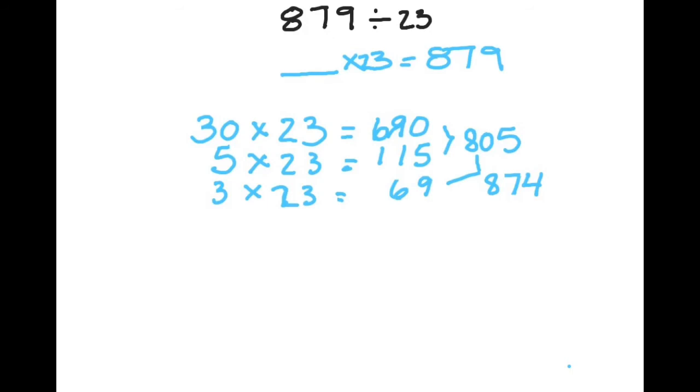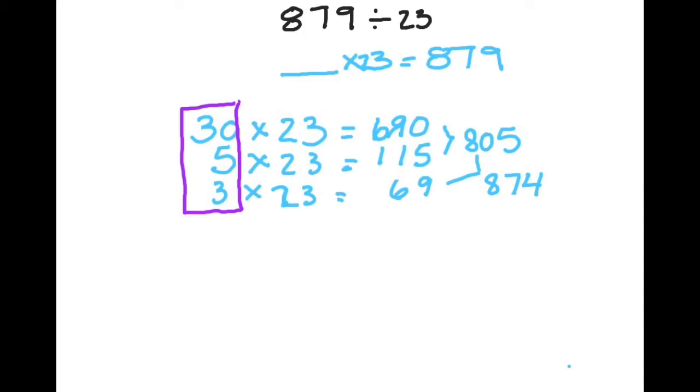So now I know, where am I going to look for my answer? If you thought about these three numbers here, you would be right. These are the numbers of cookies that we put in each box. So 30 cookies at first, then 5 cookies in 23 boxes, then 3 cookies in 23 boxes.